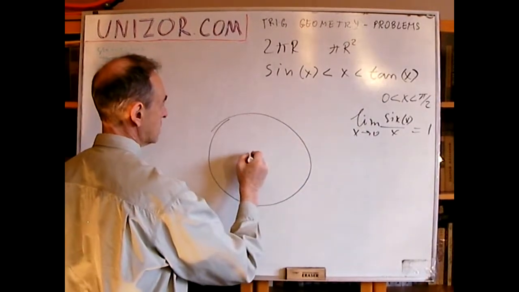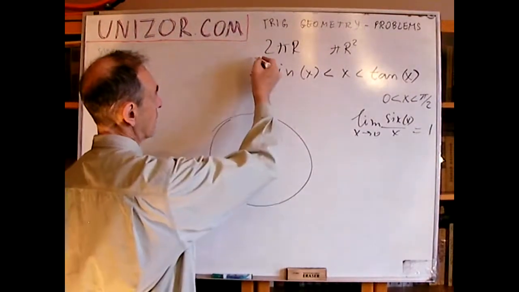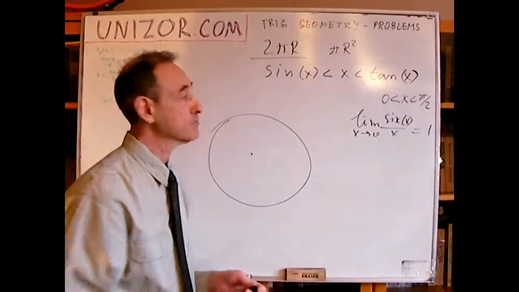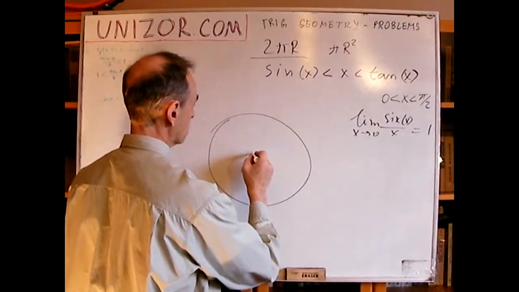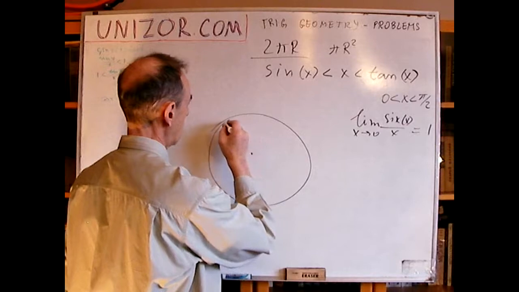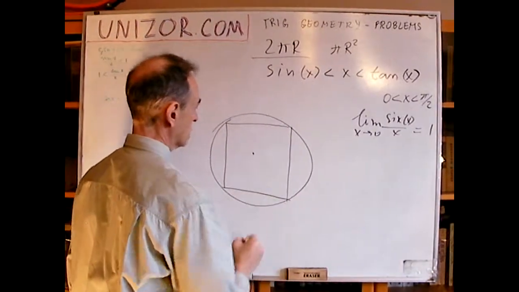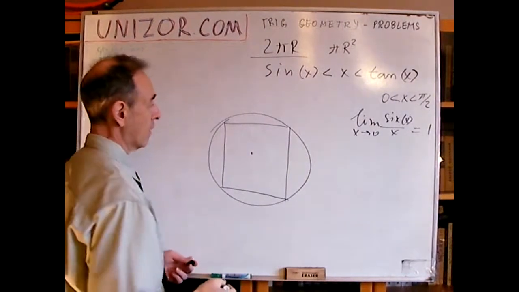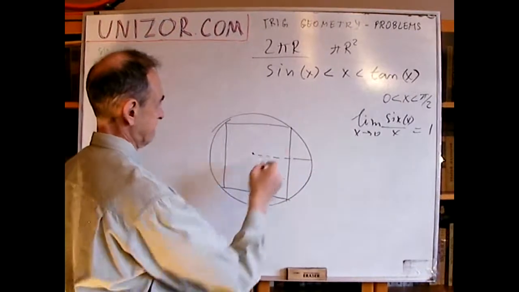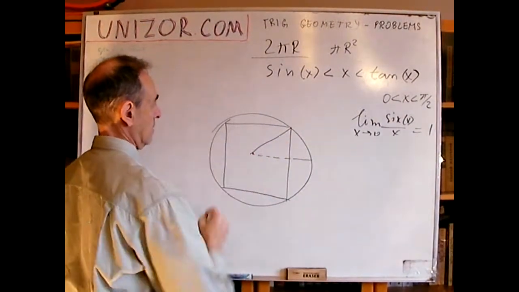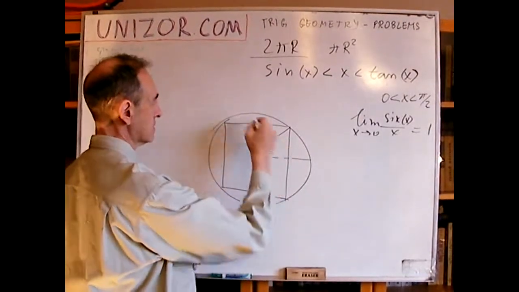Here is what I'm going to do right now. Let's say I would like to know what's the limit of my circumference. So I would like to basically derive this formula using these trigonometric inequalities. So let's say I have some kind of a polygon inscribed. In this case, it's a square, and in this particular case, the number of sides is, let's say, n.